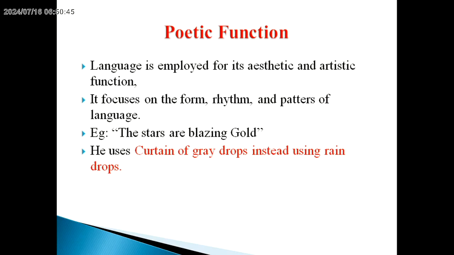This is an example of the poetic function. So the poets, instead of saying raindrops, use "curtains of raindrops." One more example he gives is "curtain of grey drops." That means the poet means raining. Instead of saying raining, it is conveyed as "curtain of grey drops." That is called the poetic function of language.